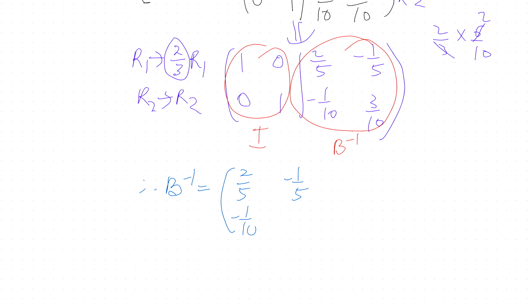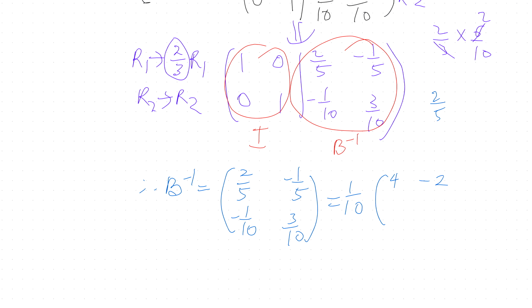Of course, 10 is the biggest number there, so we can bring 1 over 10 out. 2 over 5 is the same thing as 4 over 10, so that should be 4, minus 2, then minus 1 and 3.